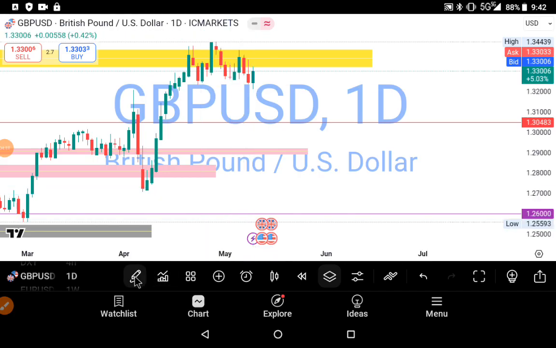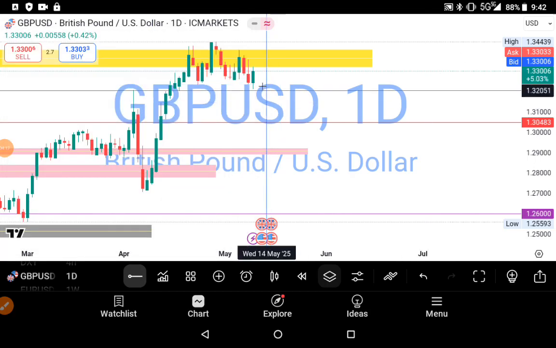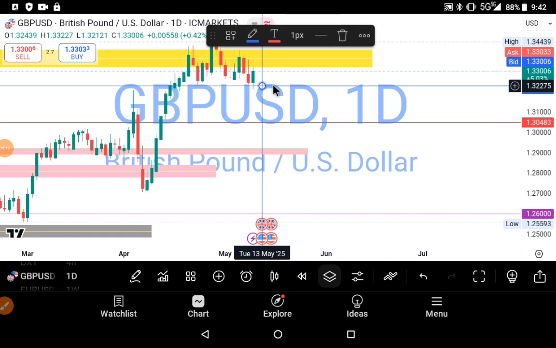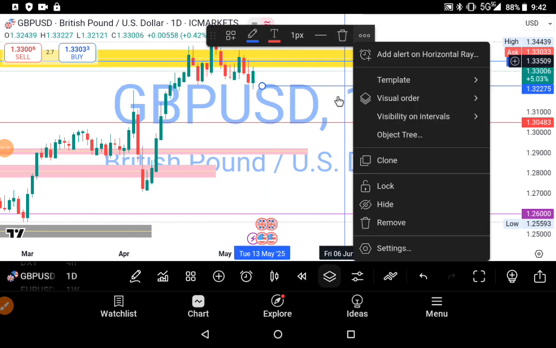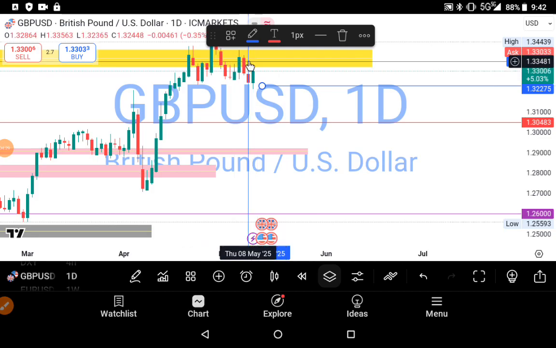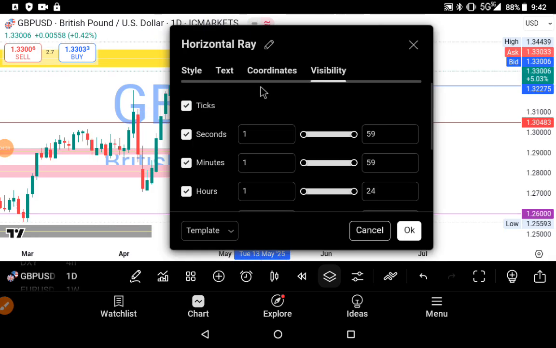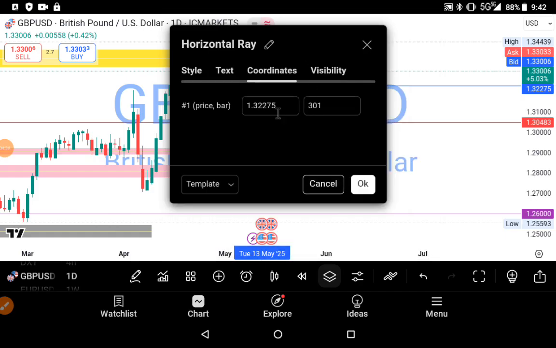Okay, let me mark it out. Let me change the coordinates. 1.32 thousand, right?